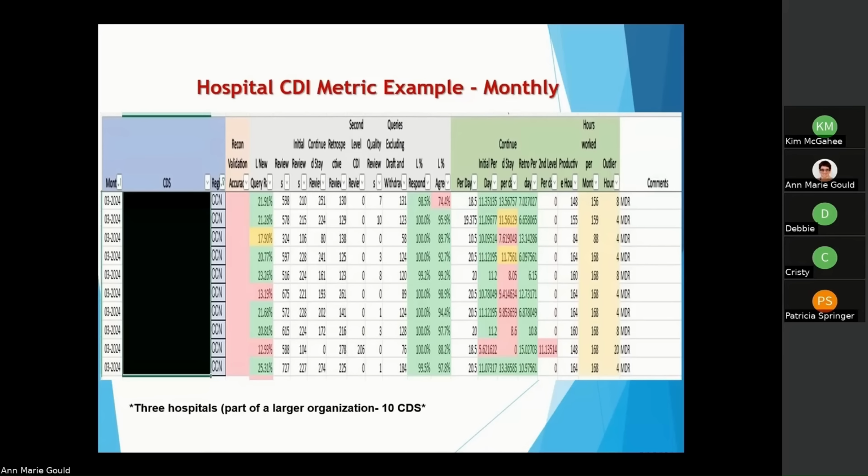And then continued stay. And then the hours worked, they even put in here for their CDSs. And I believe this particular one I received from a friend of mine, who said she got it from a former colleague, that they all work remote. They do not work in the hospital.